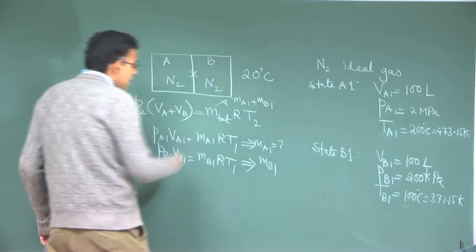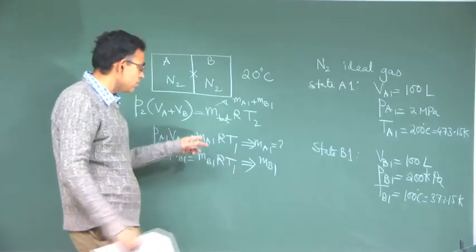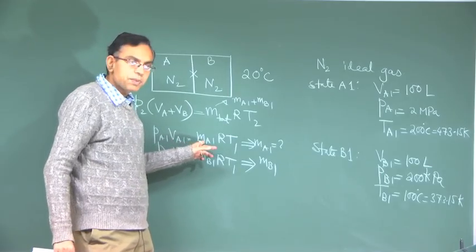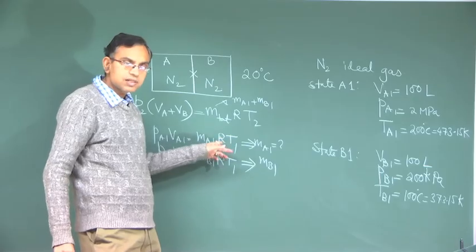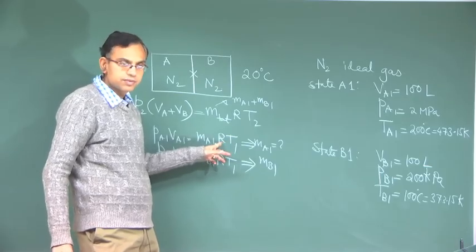So, this R is R of nitrogen. As I told, when you consider the mass basis, this R is not the universal constant, it is the universal constant divided by molecular weight.